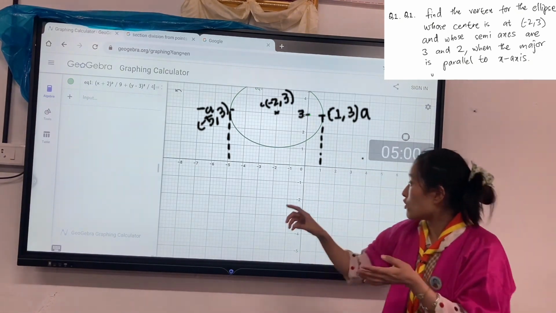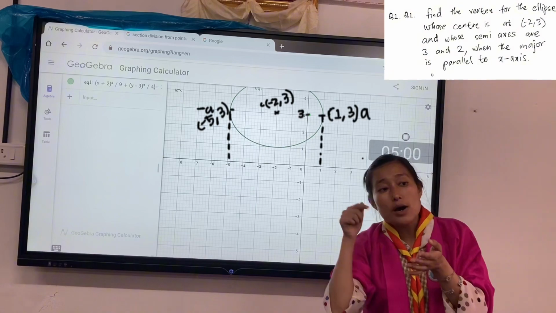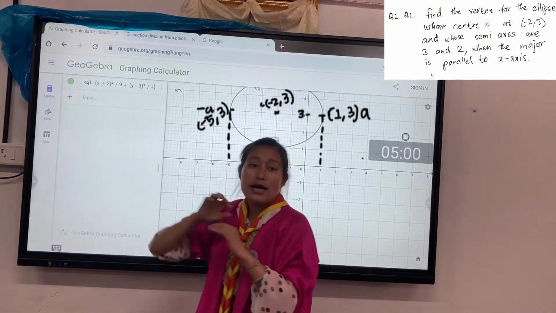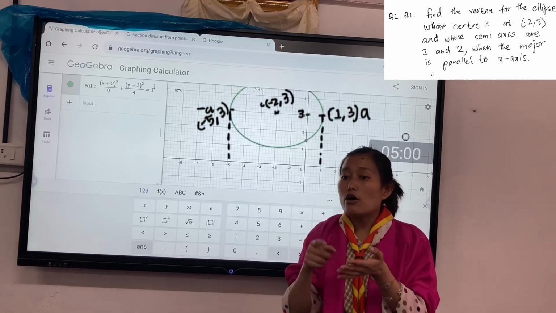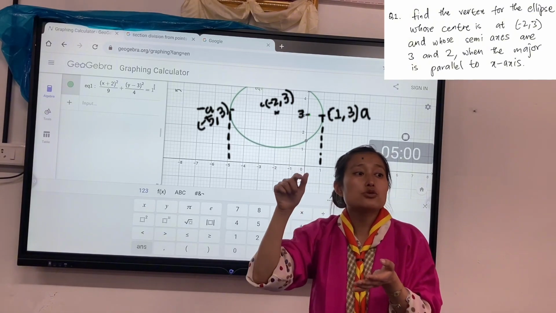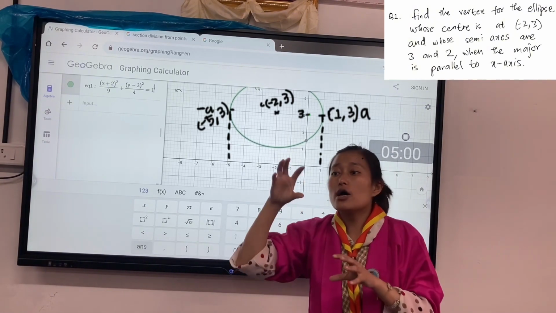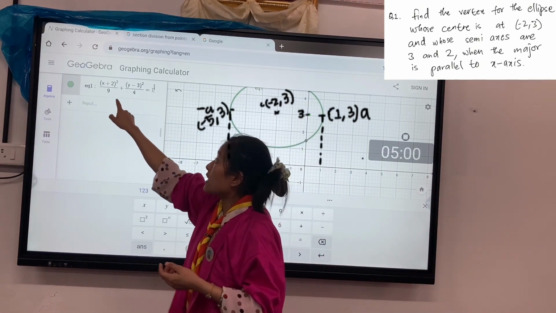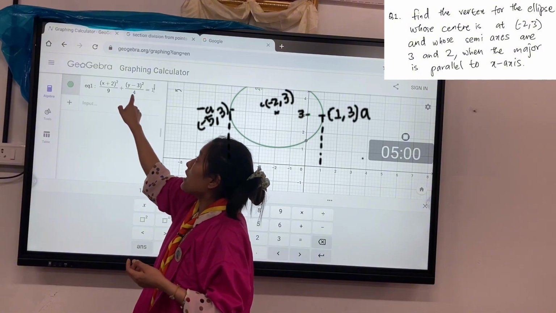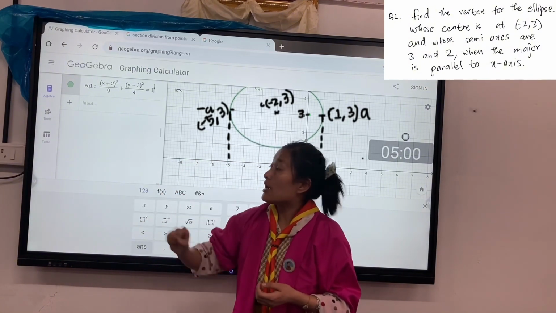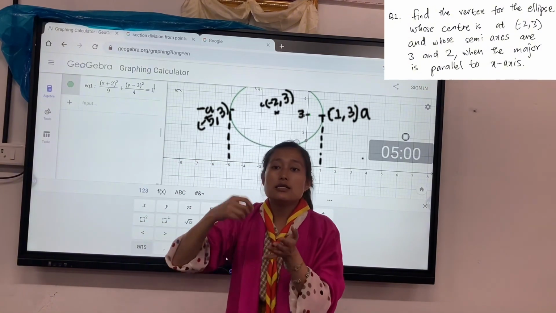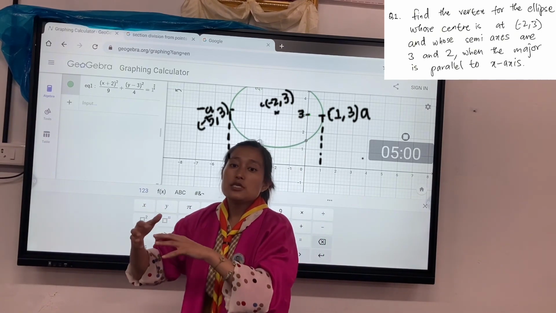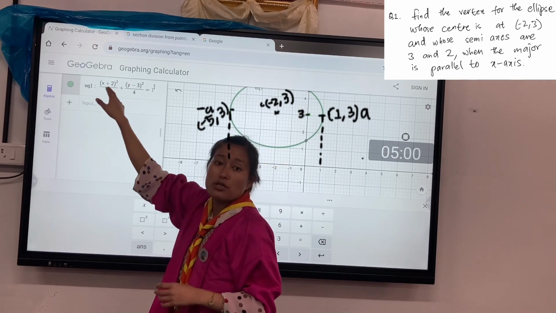The focus for the standard center is A, comma 0. So that's why in this equation, I cannot use the idea that the focus is A, comma 0, because your other coordinate is not 0 for this equation. If you directly take A as 9 and B as 4, then find E, and then go on with A times E, it won't work for this.